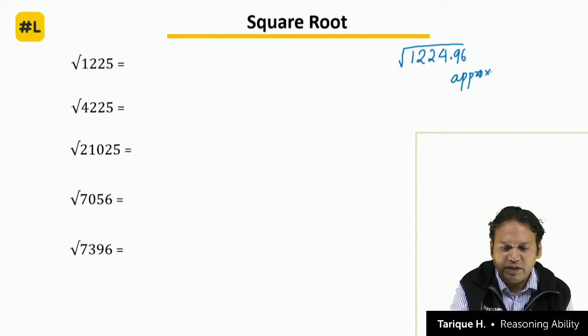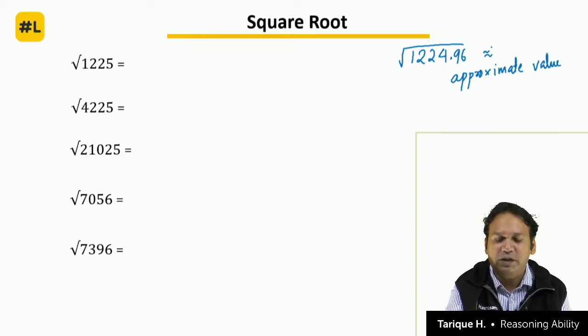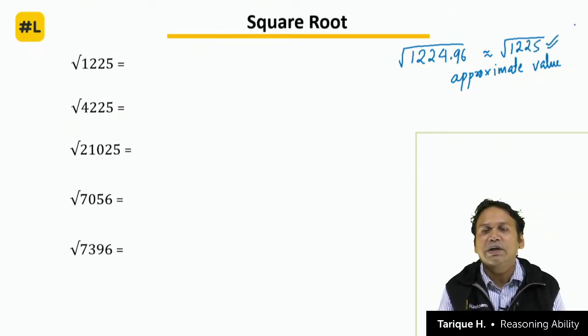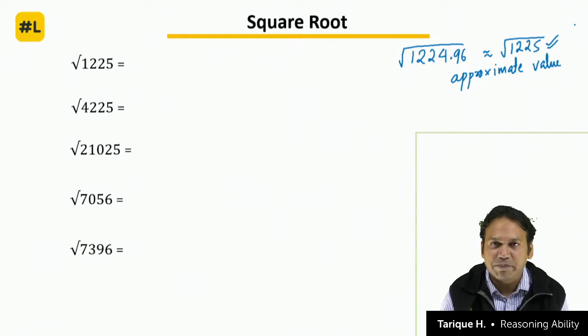Now there are 5 questions from approximation. So if you get an approximation question, 1224.96 we can approximate to under root of 1225, and then we can find out the square root of this number using a shortcut technique, right?